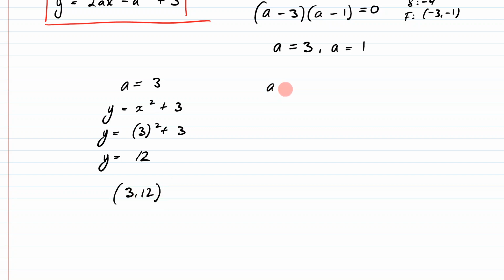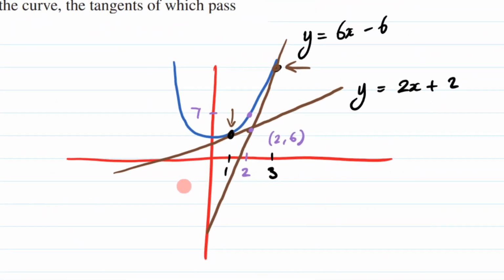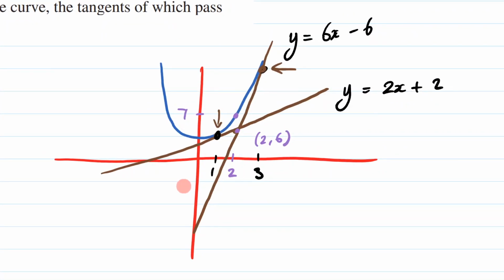And then A is equal to 1: y is equal to 1 plus 3, y equals 4. It's going to be 1, 4. So this point right here would be 1, 4, and this point right here would be 3, 12.